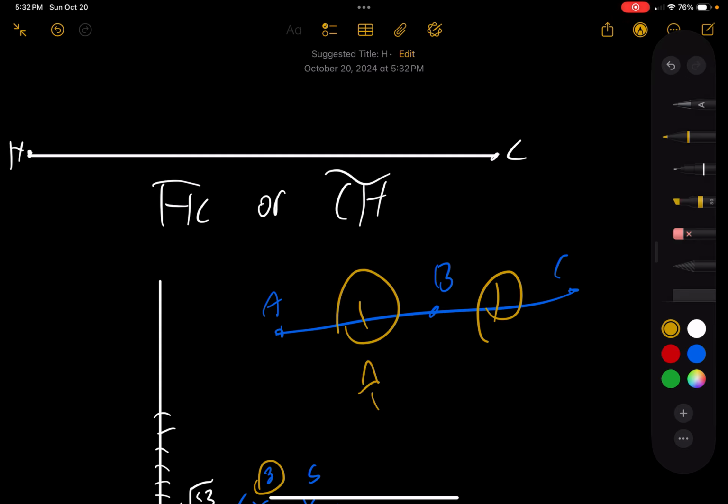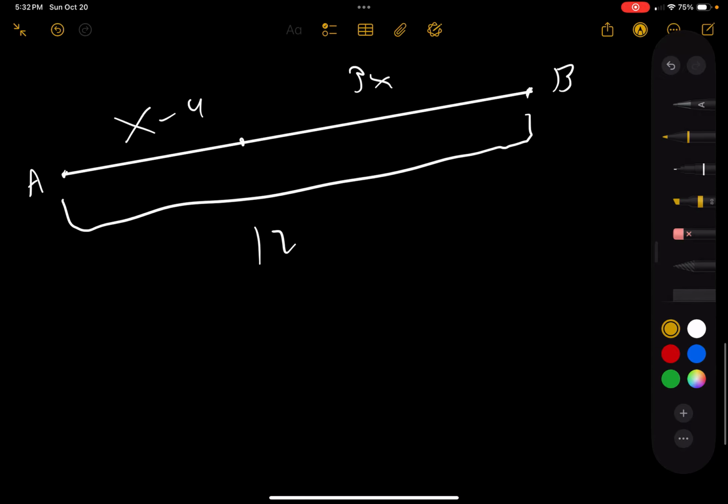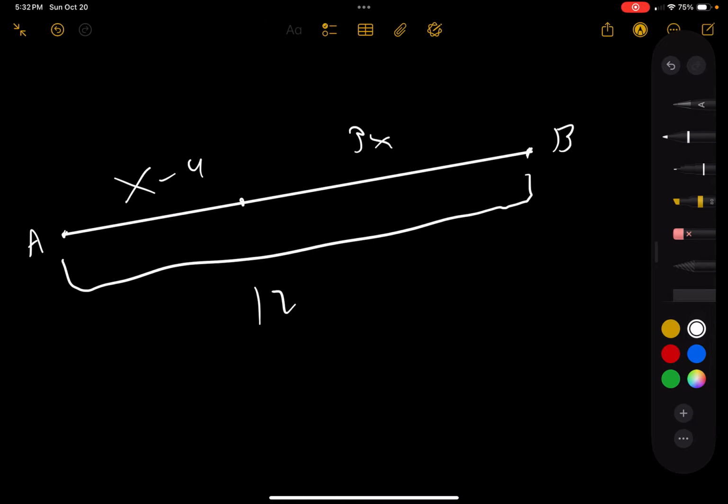These little tick marks are congruency markings. So that would tell us AB is congruent to BC. That also means B is the midpoint. Over here, we don't have congruency markings and nothing says they're a midpoint, so this is telling us that they're not congruent to each other.